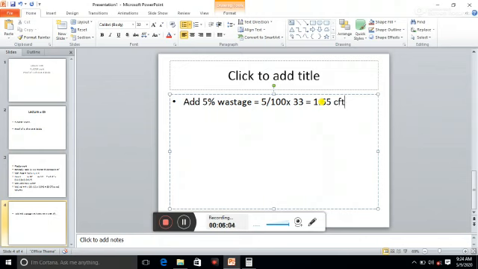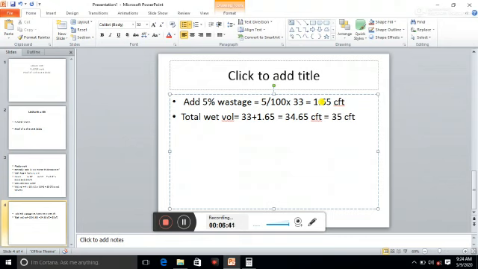Okay, so now add this. So total wet volume is equal to 33 plus 1.65, which is 34.65 cubic feet. Okay, means approximately 35 cubic feet. So this is our wet volume.